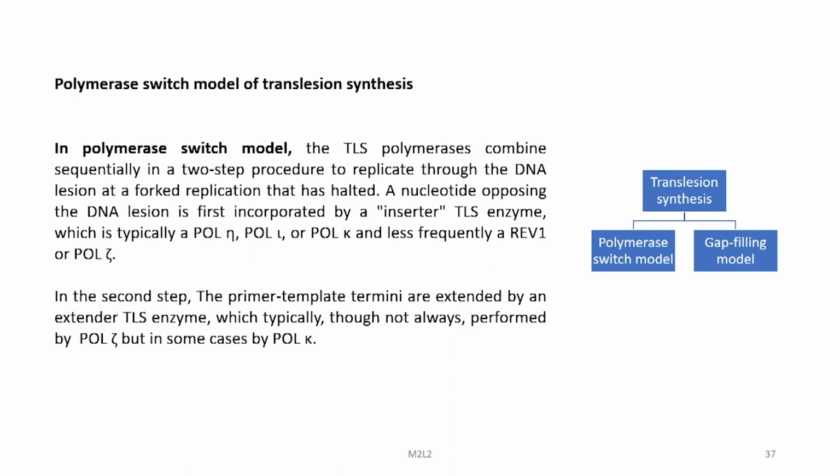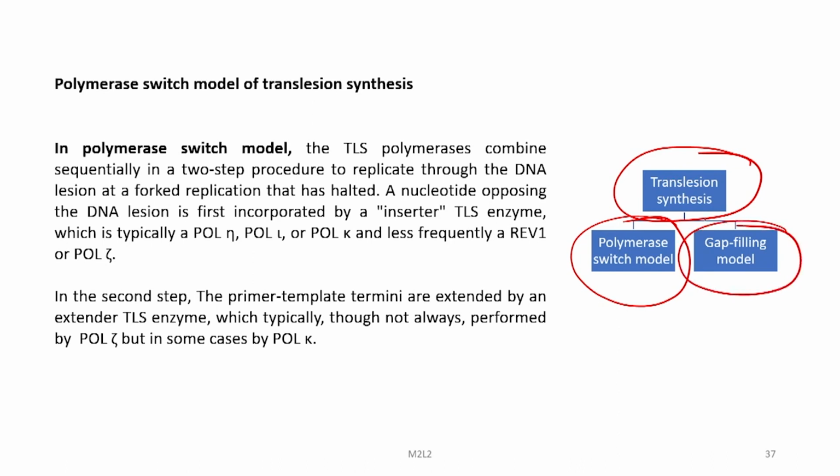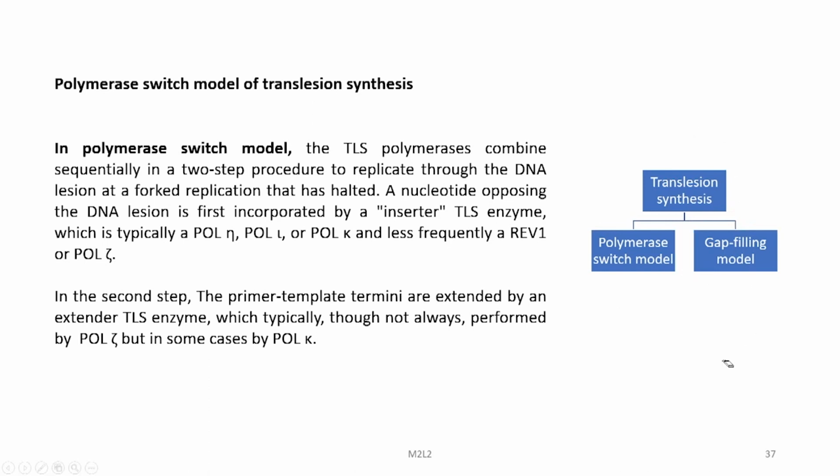So, there are two types of translesion synthesis. One is the polymerase switch model. The other one is the gap filling model. In the polymerase switch model of translesion synthesis, there are two sequential steps to replicate through the DNA lesion at the forked replication, which has been halted.